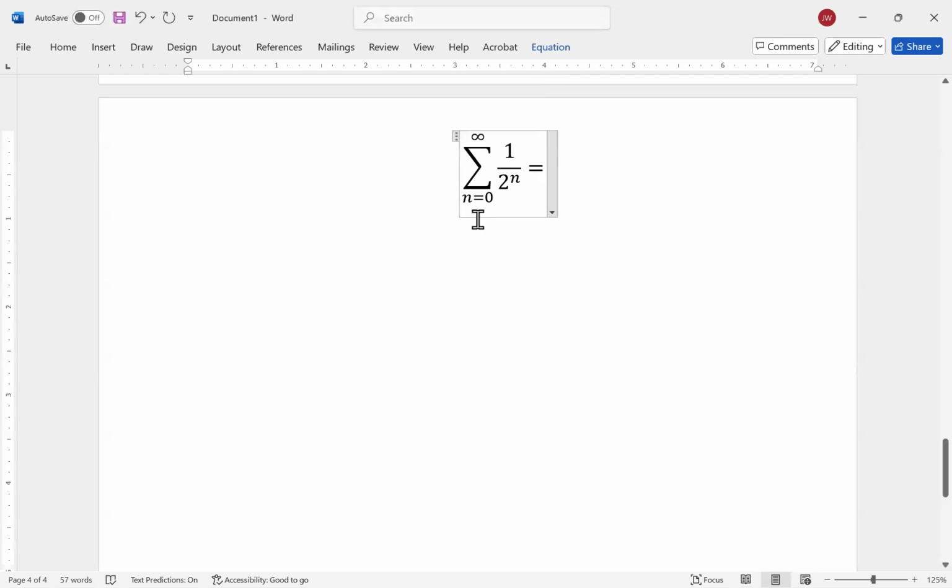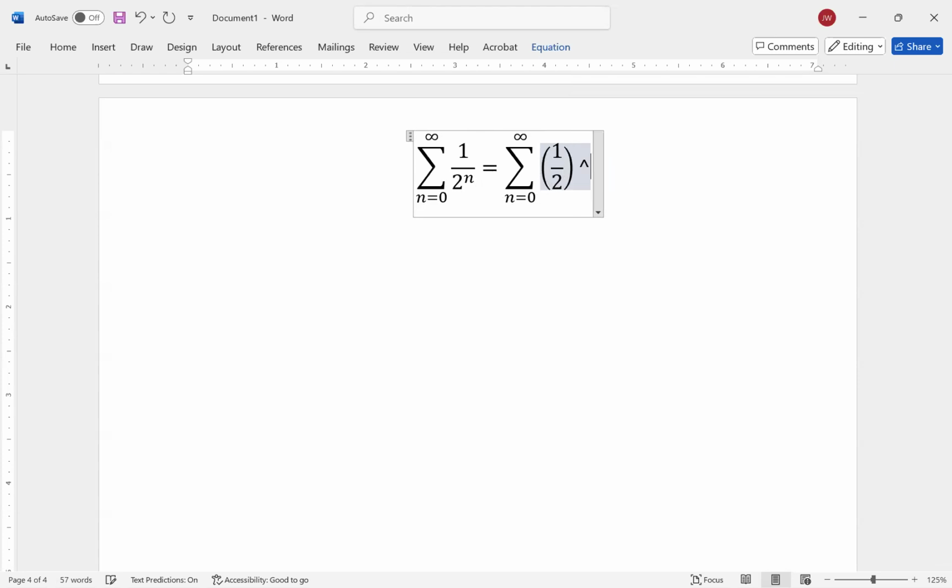Now, this is a geometric series because if I wanted to, I could have rewritten this. Instead of as 1 over 2 to the n, I could think of this as the fraction 1/2 raised to the nth power, because 1 raised to the nth power is just 1, 2 raised to the nth power is obviously 2 to the nth power.